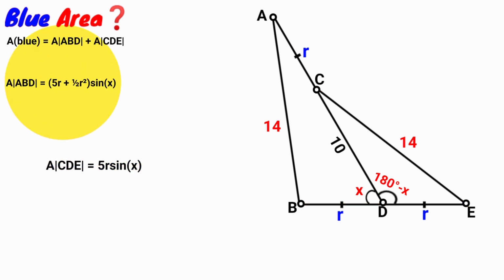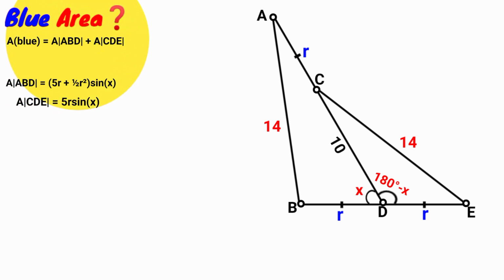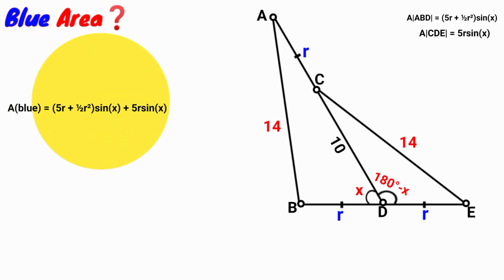Recall here, area of triangle ABD is 5R plus 1 over 2R squared sin X. We substitute these values here. Now blue area equal to 5R plus 1 over 2R squared sin X plus 5R sin X. From here, we can see sin X is common.